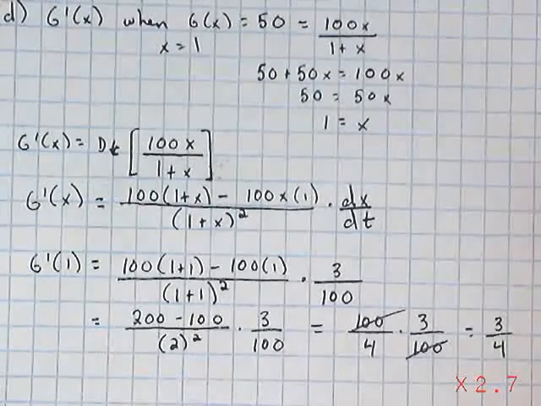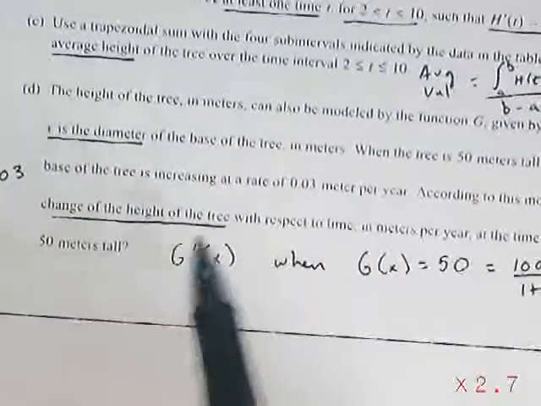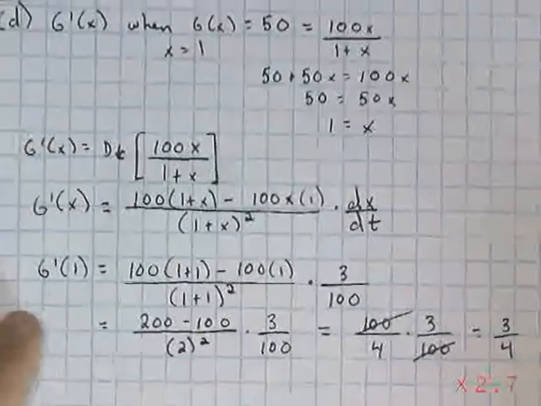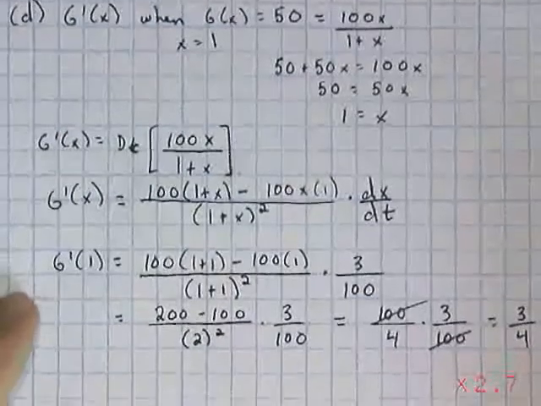This problem is so convoluted, but let's go back and figure out what this represents. This is the rate of change of the height of the tree with respect to time when the tree is 50 meters tall. Whenever we're in doubt about how to conclude something, we use the language they gave us.